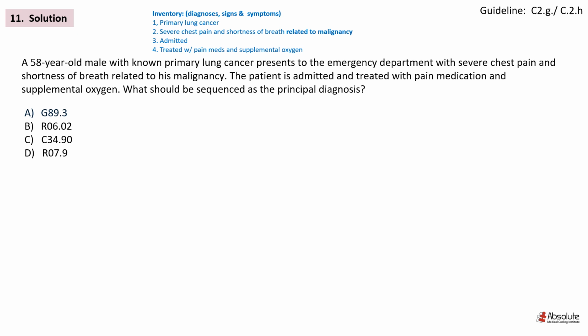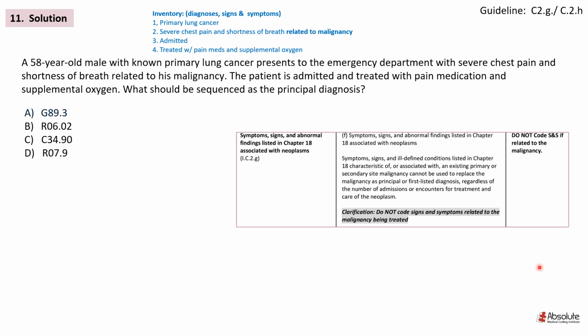Okay, so the guidelines that I used, two actually, to help me with this scenario were Chapter 2G and Chapter 2H. G states, do not code signs and symptoms if they are related to the malignancy.